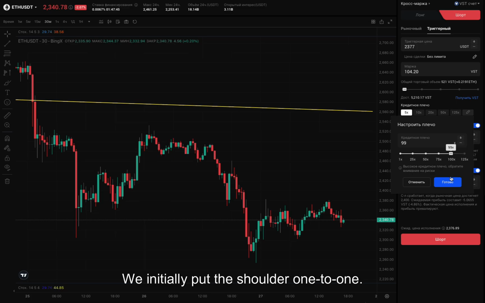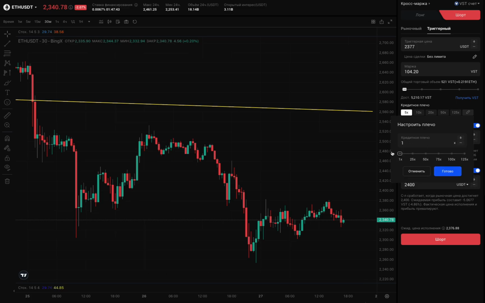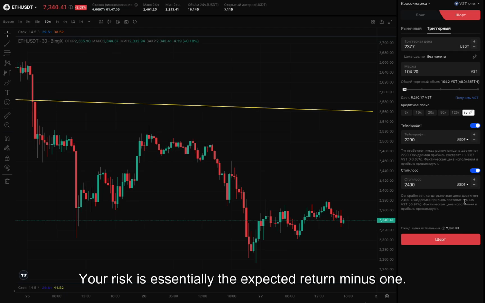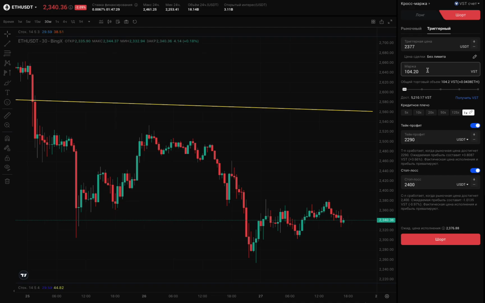We initially put the leverage 1-to-1. Done. It's clearly demonstrated here. Your risk is essentially the expected return minus 1. You and I have $10 accordingly.